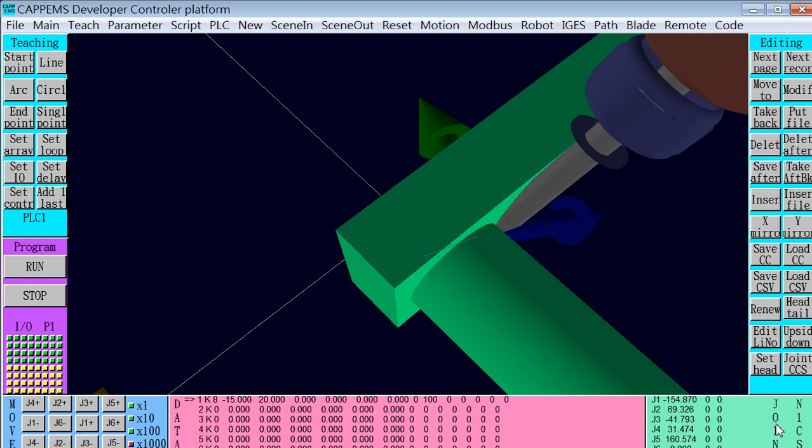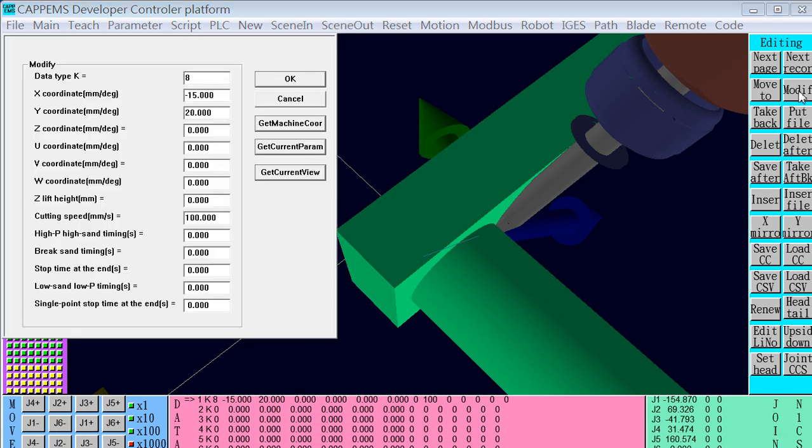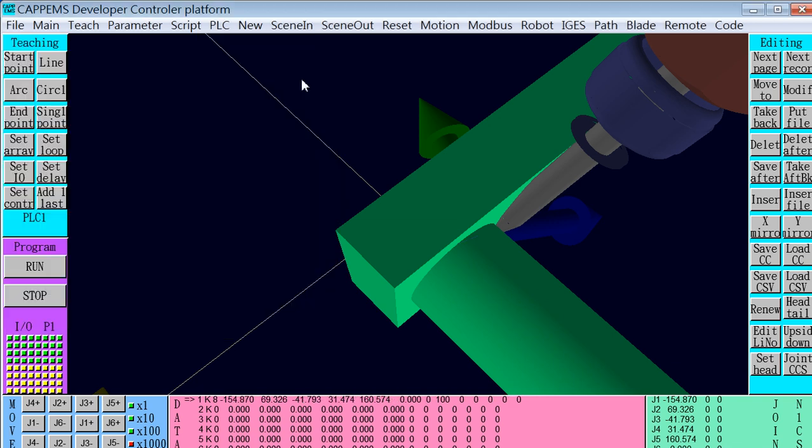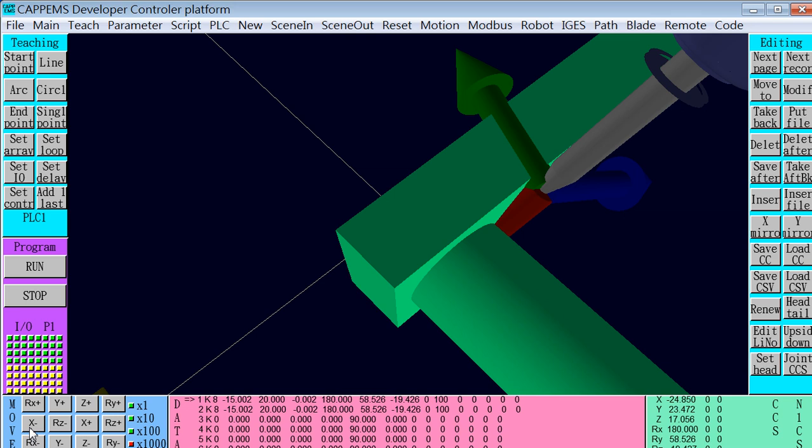Change back to joint mode and modify these points. Get the machine coordinates. Okay, and retrieve back and line 1 insert. Retrieve S minus 3 times, Cartesian coordinate system, 1, 2, 3 times.